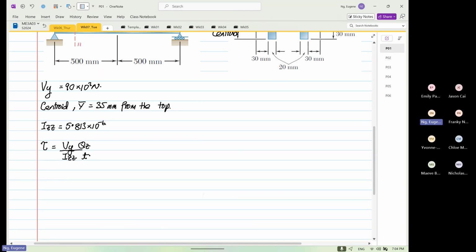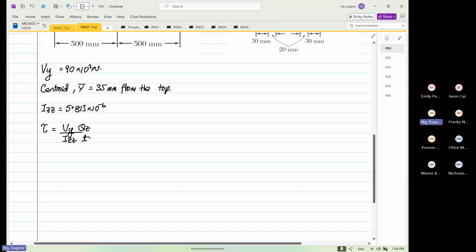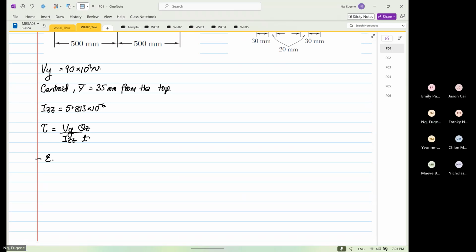So the equation of the shear stress is dependent on the thickness of the structure.